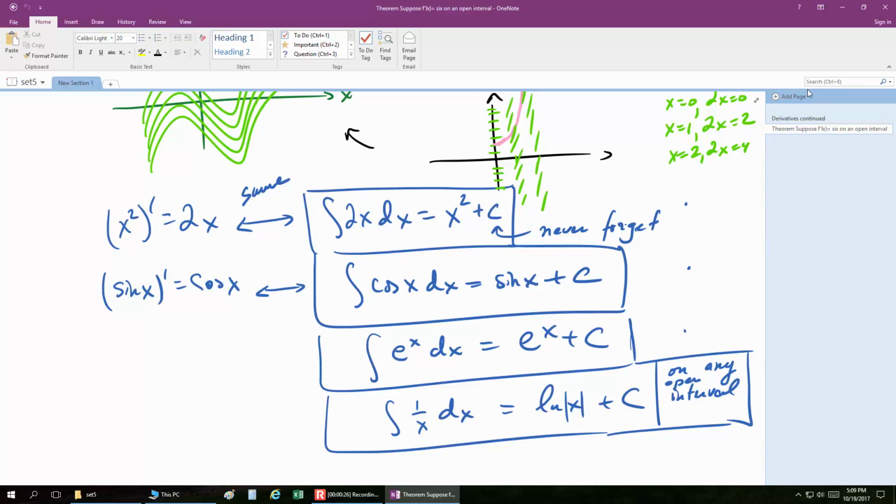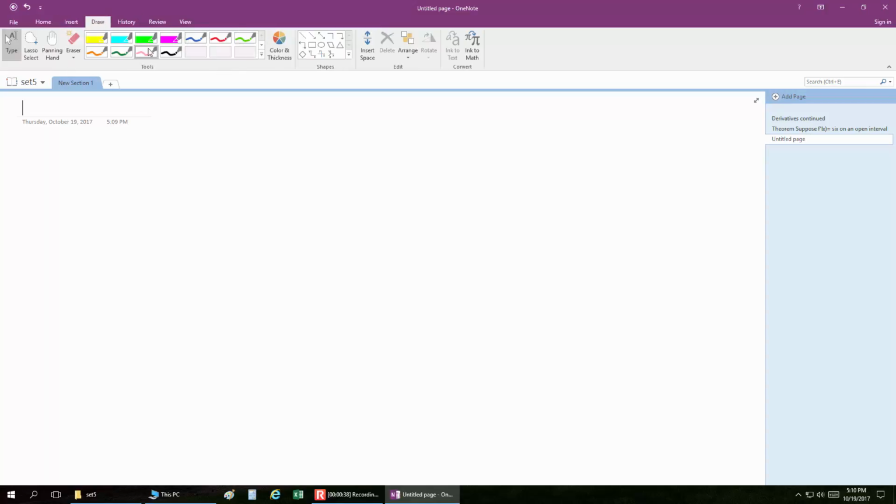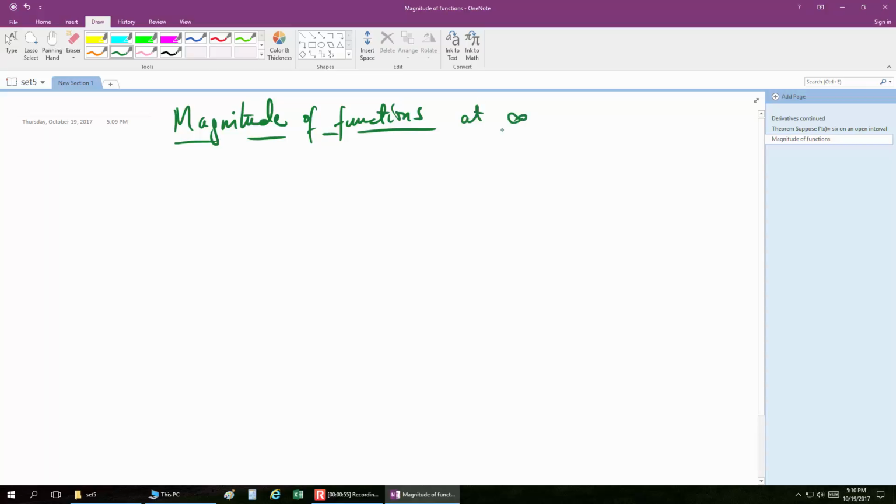Okay, and now we're moving on to a different topic, and that is, I would say, classification of functions, the magnitude of functions. And by that I mean, to begin with, at infinity.